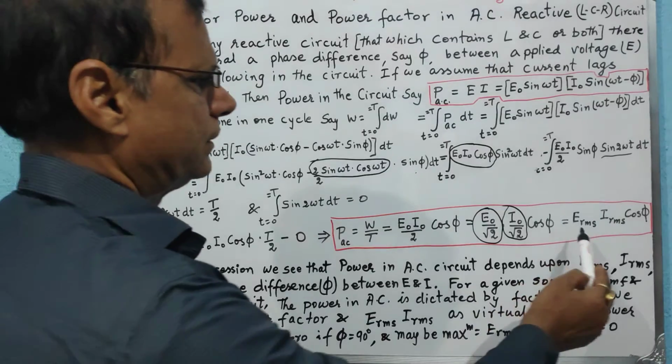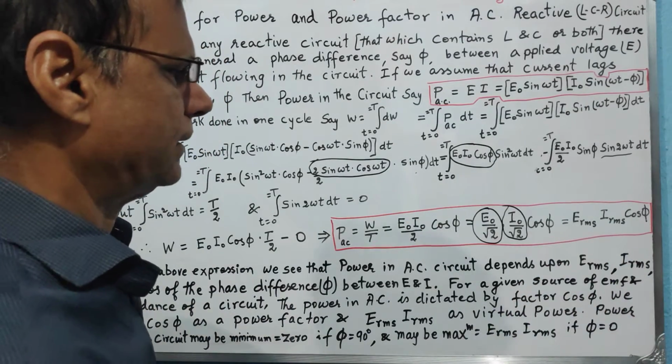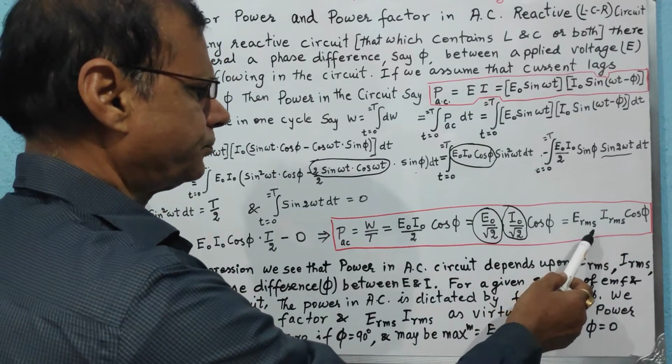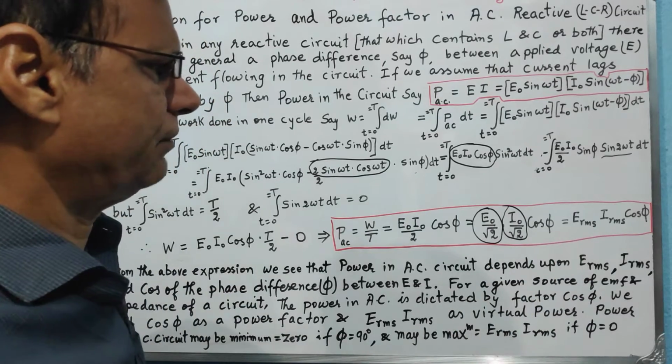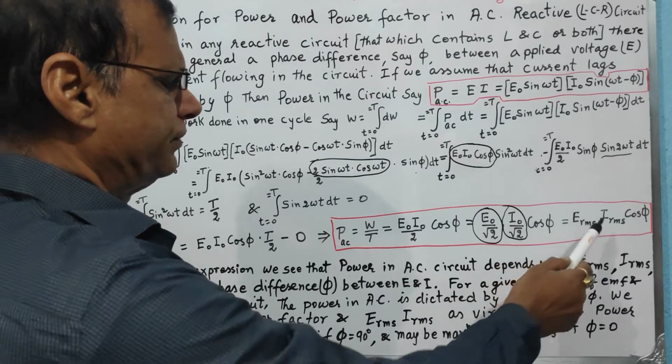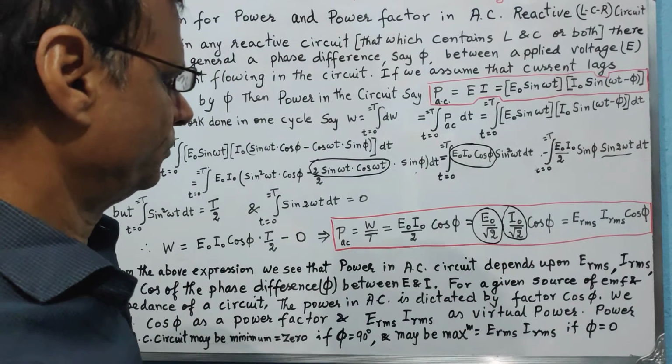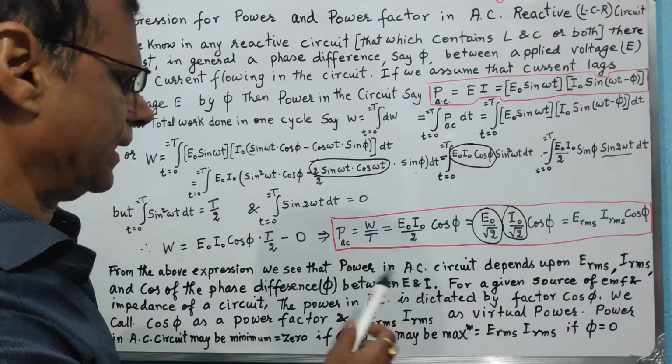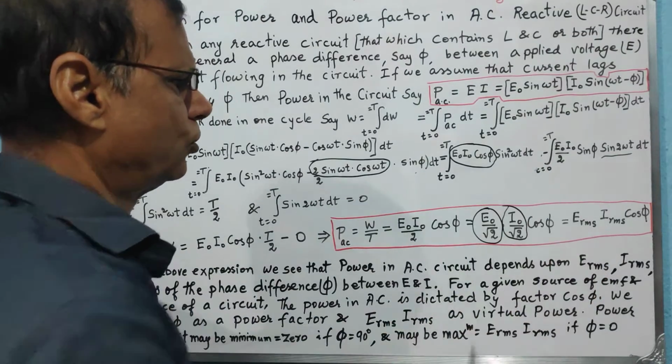In all these three expressions we see that E RMS for a given source of EMF and I RMS for a given AC circuit remain constant.